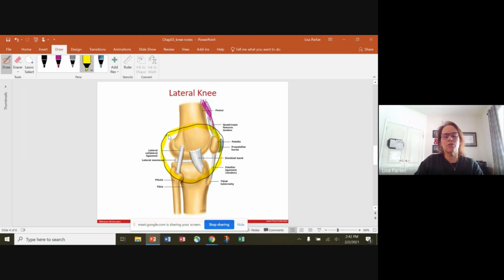And that synovial membrane secretes synovial fluid. That synovial fluid lubricates the joint, reduces friction, and provides some nourishment to the cartilage inside, because remember, the cartilage doesn't have a great blood supply.